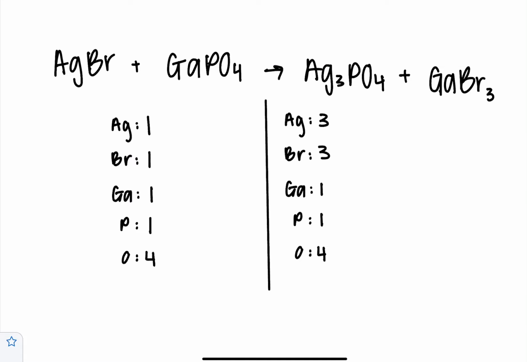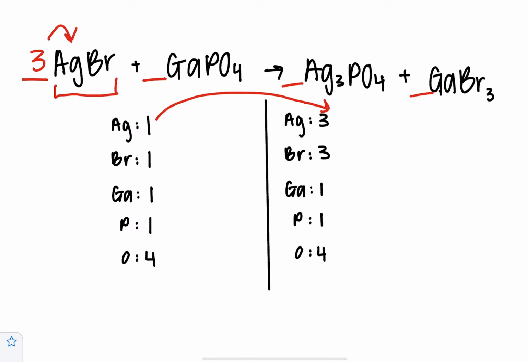So the thing you want to do is change the coefficients on each compound. That's how we can change these numbers. So what number can we put in front of AgBr to get this 1 to 3? We can put a 3, because a coefficient, remember, is multiplied to each element in that compound to change the amount there are.